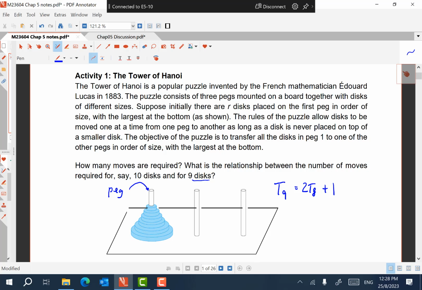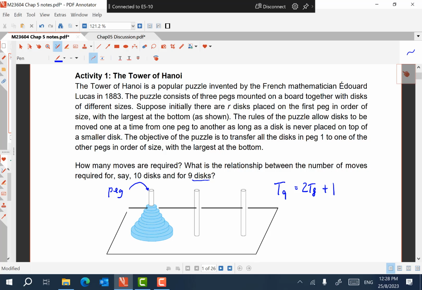Yes, let's hear from Marcus. Because you remove everything except the bottom one, then you move that one, then you move everything on top. Good explanation. So he's trying to say, to do 9, you have to move the 8 on top to one side first. That gives you T8 ready.